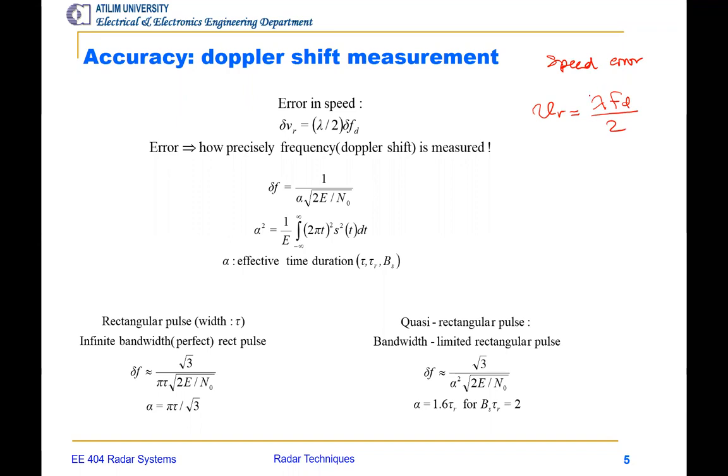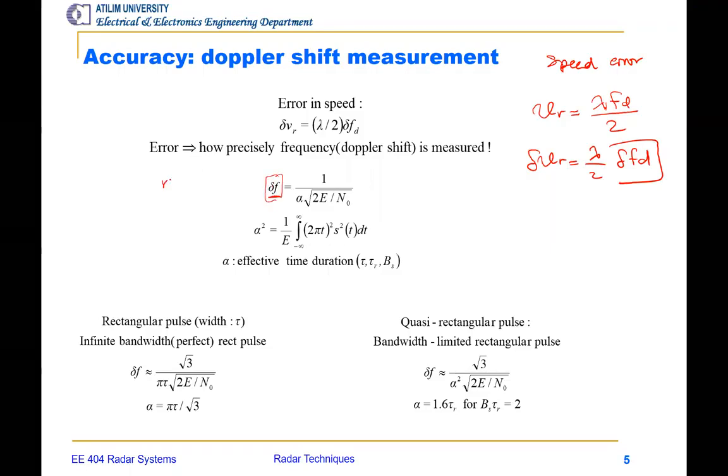Now, wavelength is constant, so if there is an error in the speed, it's going to be about the error of the Doppler shift. Okay, so we use the same development, the same methodology in the range error derivation. Instead of time, now we got frequency, so Doppler shift.